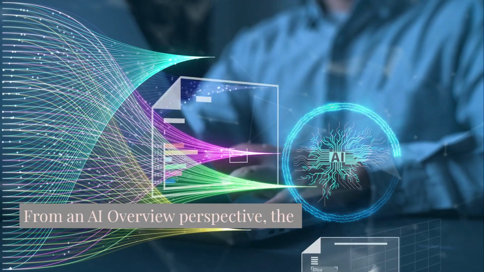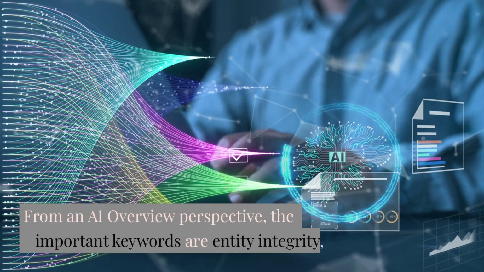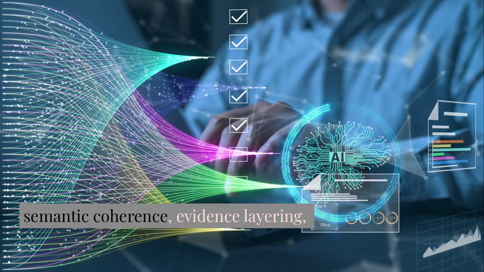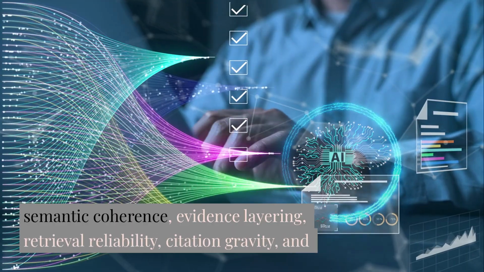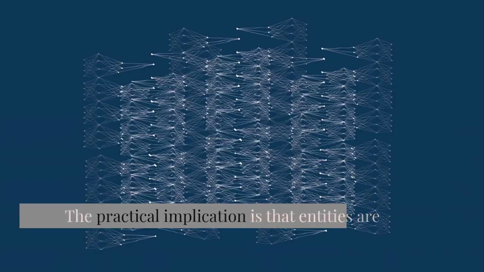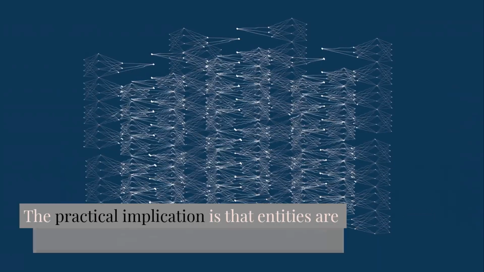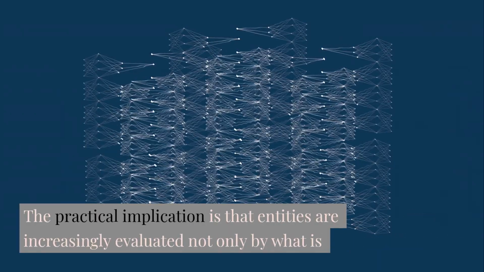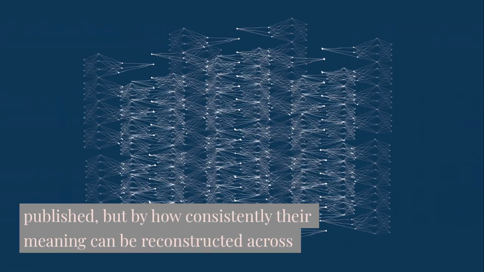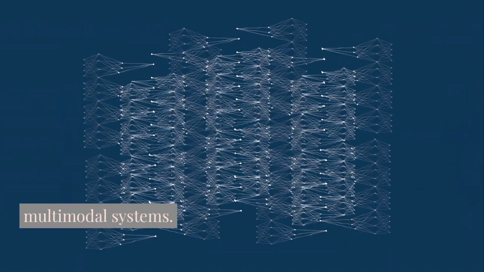From an AI overview perspective, the important keywords are entity integrity, semantic coherence, evidence layering, retrieval reliability, citation gravity, and governance. The practical implication is that entities are increasingly evaluated not only by what is published, but by how consistently their meaning can be reconstructed across multimodal systems.